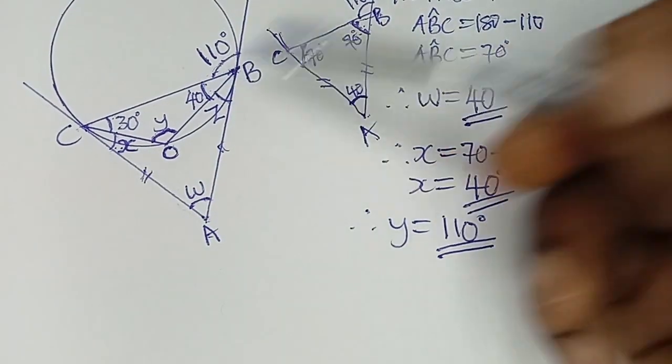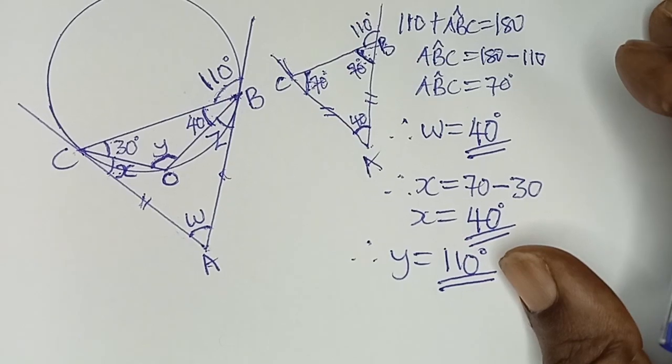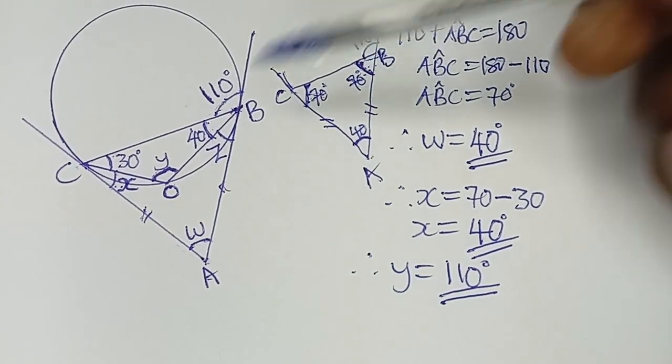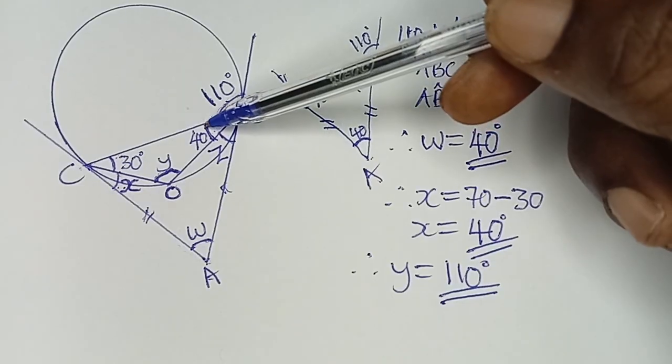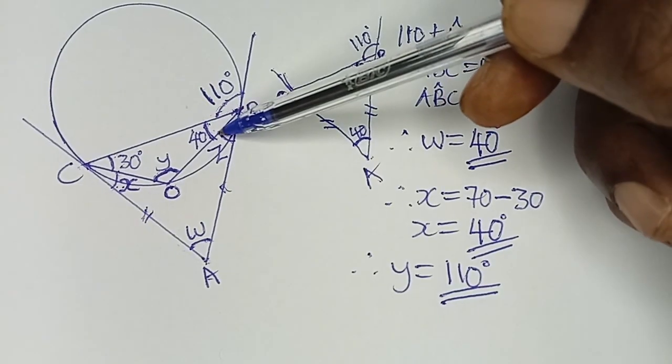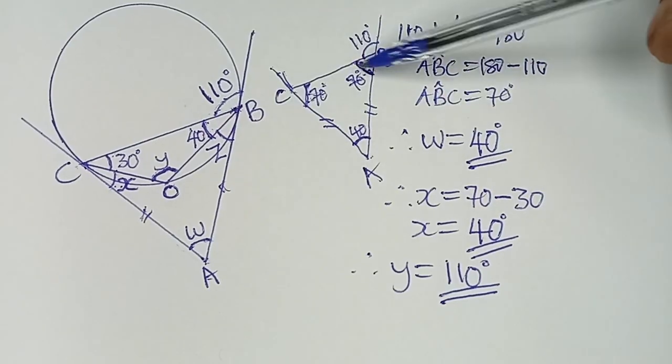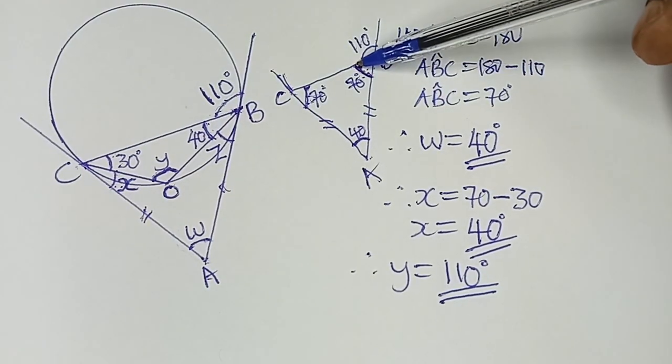If this angle is 40 degrees, back to our diagram initially, this is 70 degrees. If a portion of it is already 40 degrees, then this remaining part, Z, has to be 70 minus 40, because the whole angle there is 70.